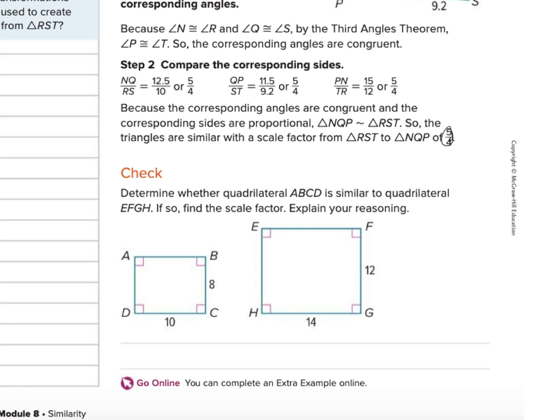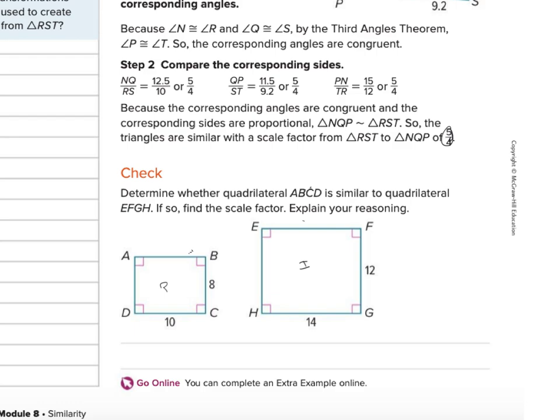Looking here, determine whether this quadrilateral ABCD is similar to the quadrilateral EFGH. If so, find the scale factor. Let's see. This is my pre-image, this is my image.